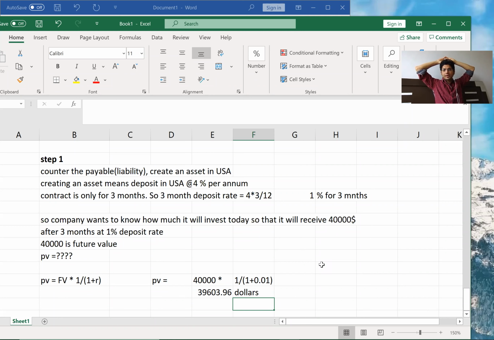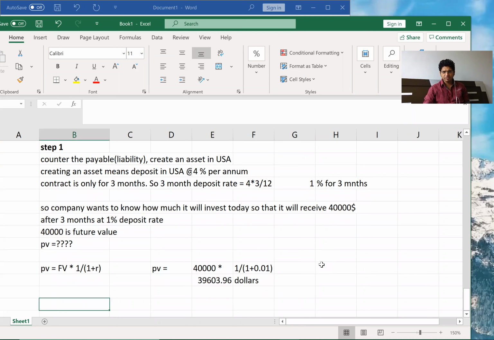See if you understood step 1. To simplify what I have done in step 1, I calculated the present value of payables using the counter country, or I can say foreign country, deposit rate.